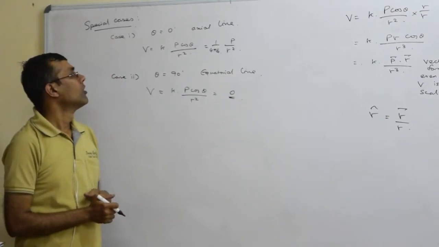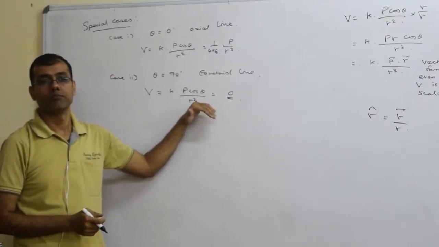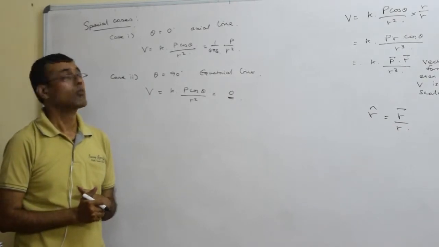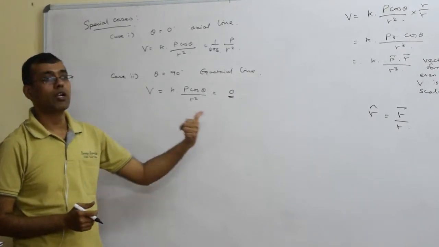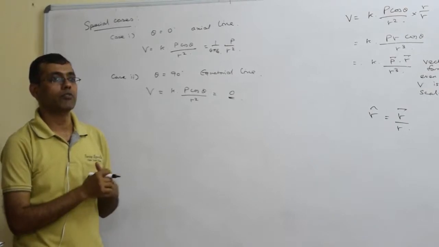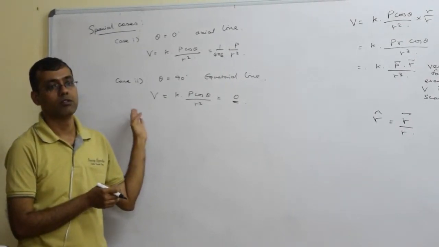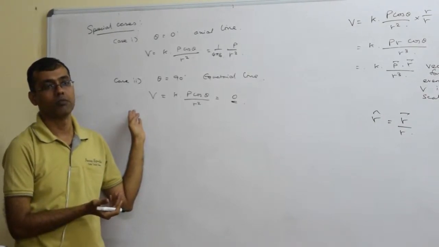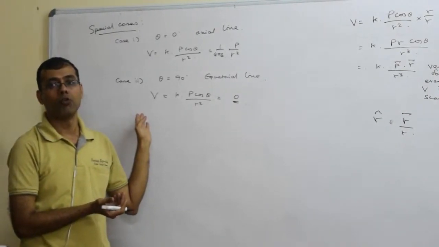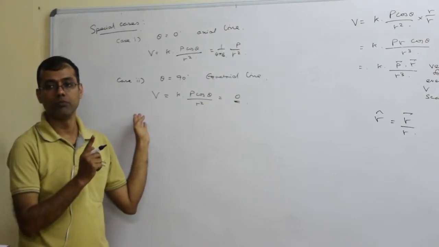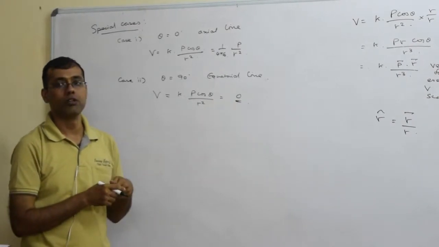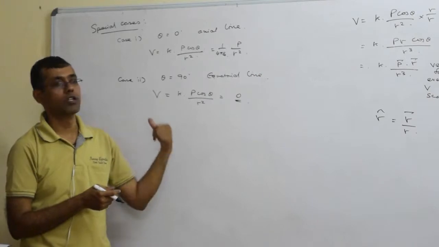So, what is the physical meaning of this? If I say V on the equatorial line is 0, what is the physical meaning of that? What is V, by the way? Potential means how much work you have to do for 1 coulomb, right? So how much work are you doing? 0, to push it on the equatorial line.